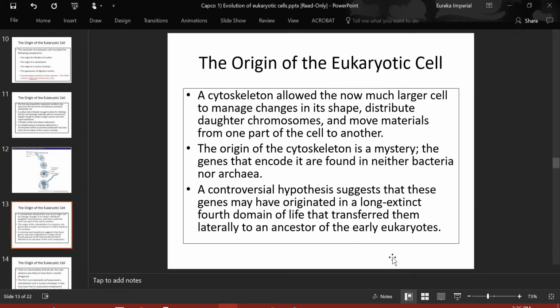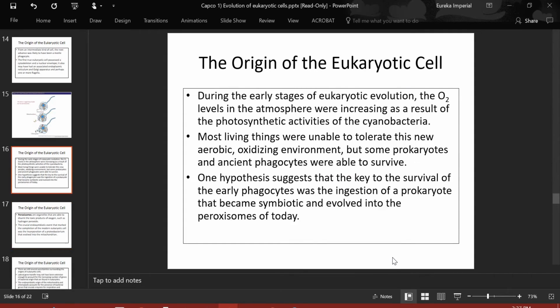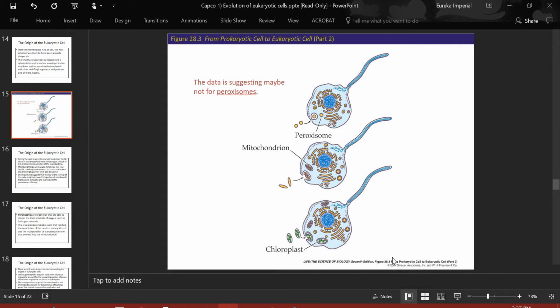Let's see. We'll go to here. Now, everything up to here, ignoring this slide right here, this slide is going into symbiosis. Everything up to this slide that I talked about was the evolution of the endomembrane system. And then when I finish this first slide set, we're going to go on to more details about the endomembrane system.